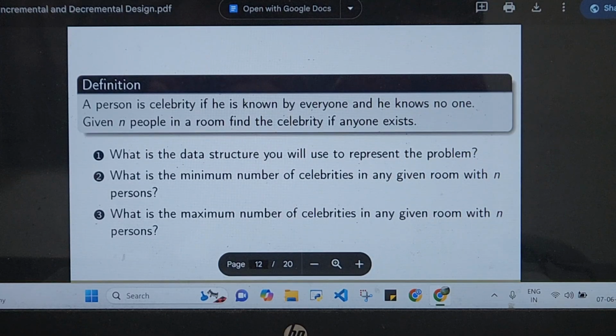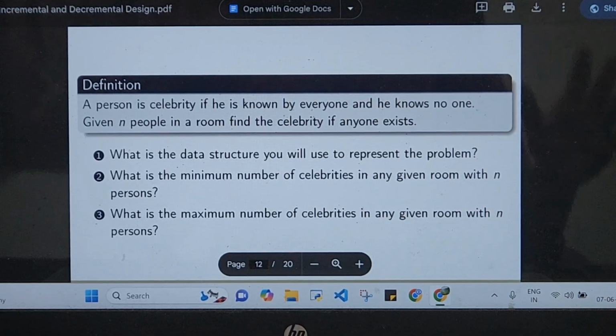Y also being one of the people in that room, X does not know Y. But I'm saying Y is a celebrity, meaning everyone in the room should know Y. If you know that X is not acquainted with Y, then Y cannot be a celebrity. So we assumed both X and Y are celebrities, but we now arrive at a contradiction. So in a room with n people, whatever the value of n may be, you can have at least 0 and at most 1 celebrity.